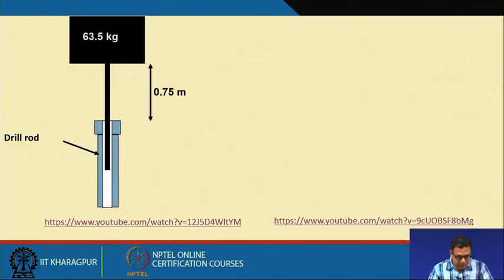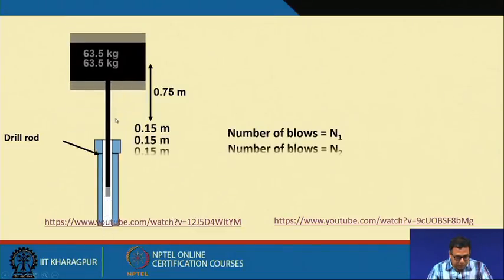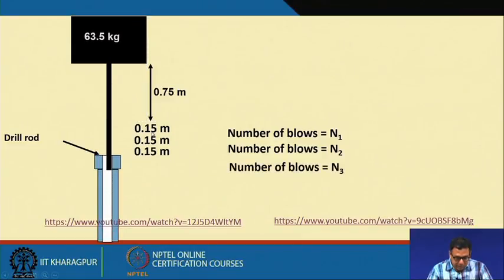This is the animation that we have. The free fall is 750 millimeter or 75 centimeter, this is the hammer of 63.5 kg, and this is the sampler tube on which we apply blows. We allow this split spoon sampler to penetrate 150 millimeter, 150 millimeter, 150 millimeter. The number of blows for the first 150 millimeter is N1, for the second 150 millimeter is N2 and for the third one is N3.